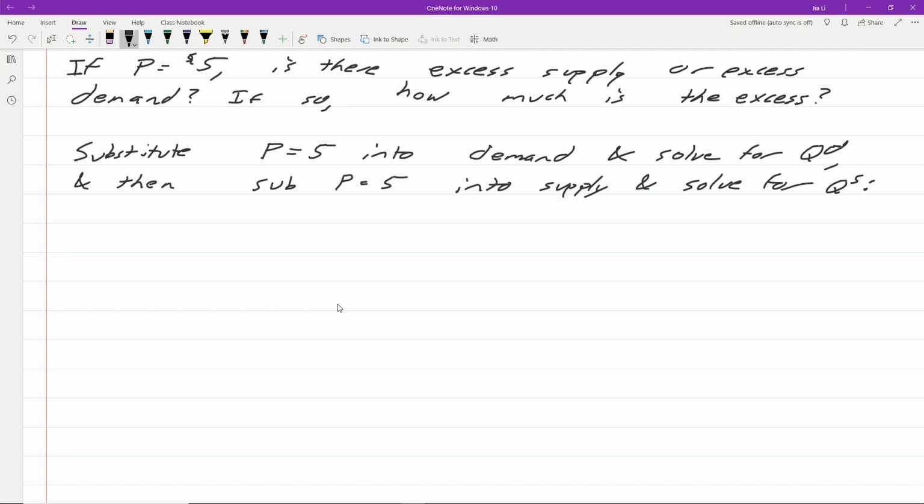Because then we will know what the quantity demanded is and we'll know what the quantity supplied is. And then from there we can figure out if it's excess demand or excess supply.